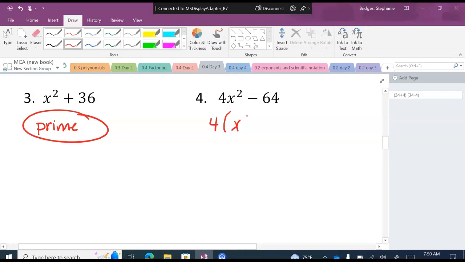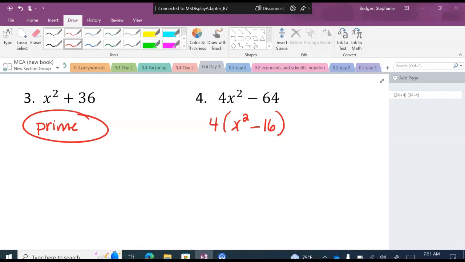Well, this is not writing properly. And once I pull that 4 out, look at what I have left. The x squared minus 16.